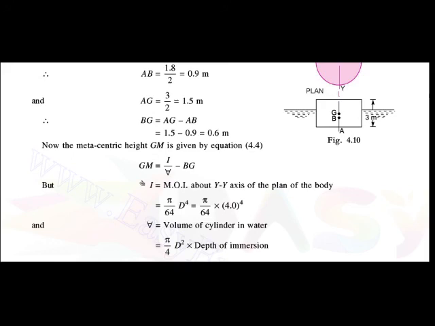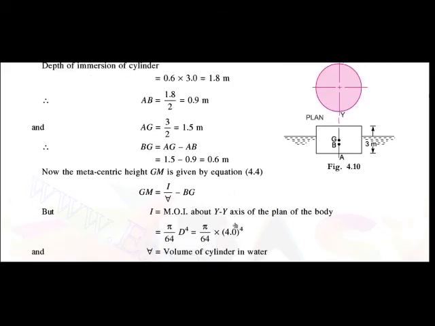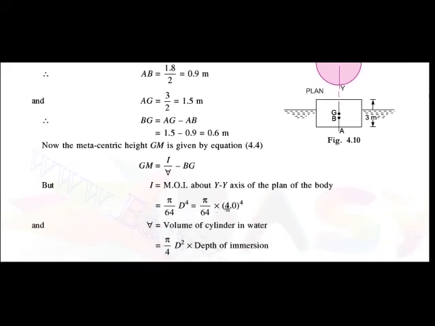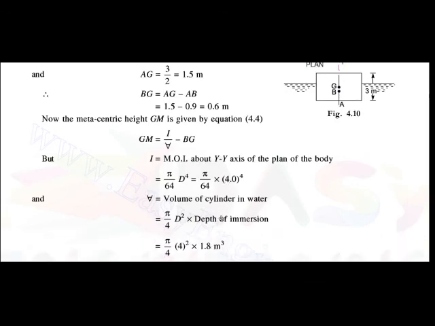First we have to calculate the I value. I is the moment of inertia about the axis y of the plane of the body. As it is a circle, it is equal to pi by 64 d raised to 4. Here the diameter is 4 meter, so it is equal to pi by 64 into 4 raised to 4. Then the volume of the cylinder in water is the area into the depth of immersion.